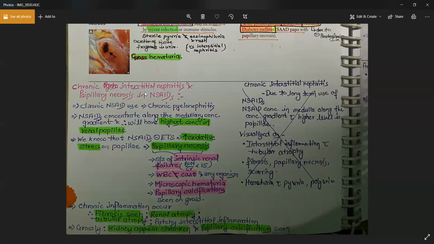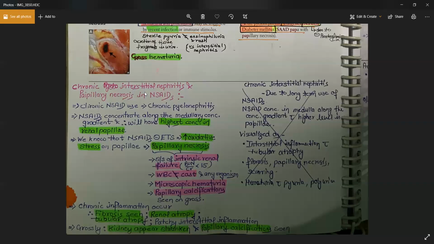A patient who is having acute interstitial nephritis will be having inflammation in the interstitium of the kidney. A patient who is having chronic interstitial nephritis will be having calcifications on the papillae, having necrosis of the papillae.